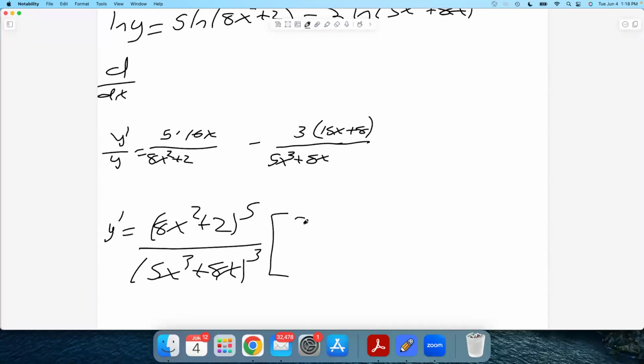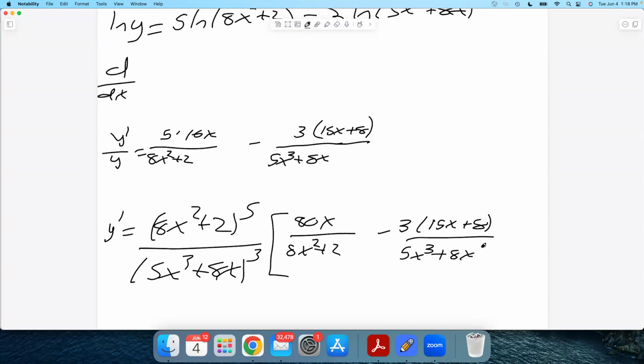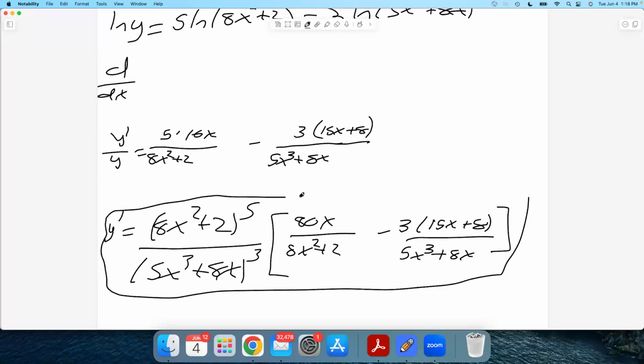Let's see, 5 times 16 is what, 80? Sure, I could probably factor a 2 out here and do a little canceling. Like maybe this would clean up a little bit, but that's not what we're trying to do at the moment. We're not trying to do algebra and simplify. We're just trying to get the calculus down. And that would be our final answer.